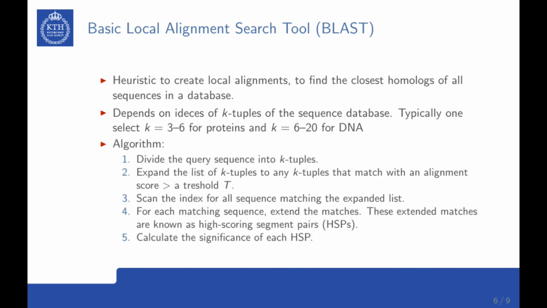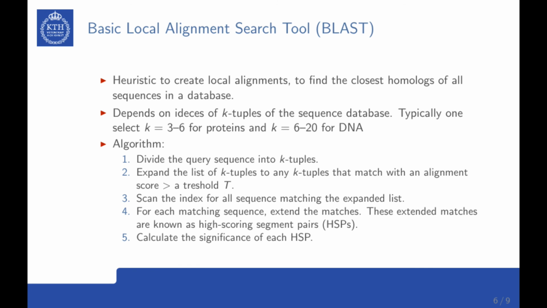The algorithm that it executes is straightforward. You divide your sequence into k-tuples. You expand the list of k-tuples to any k-tuple that matches with an alignment score larger than a certain threshold T. So you had a certain length of list, and now you expand it to a larger list.